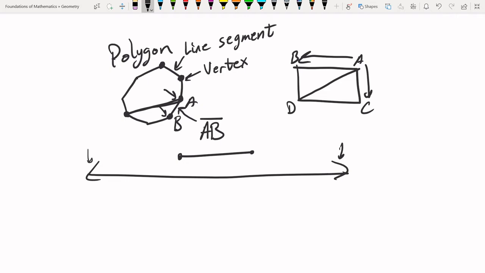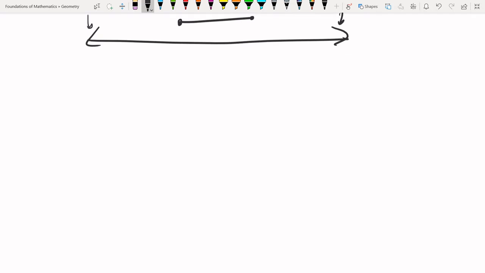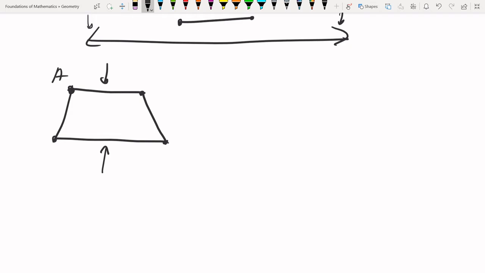Now, four-sided polygons are called quadrilaterals, quad meaning four. If two of the sides are parallel and the other two are not parallel, that typically is designated as a trapezoid. So for instance, this would be a trapezoid. Let me name the vertices here as A, B, C, and D. Line segment AB and line segment CD are parallel.